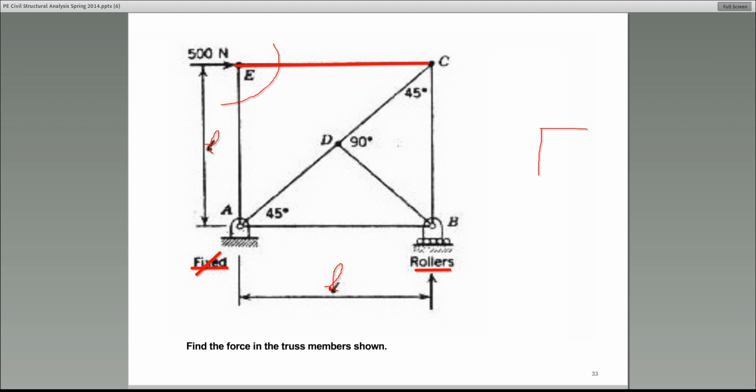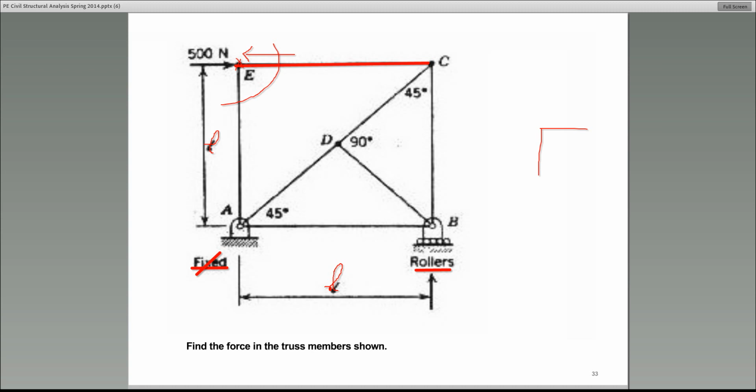Khaled, you're with us. How are you, my friend? Khaled says 500 newtons. So here you're talking about 500 newtons, and for the summation of forces in the x direction at E to be 0, tell me, what do you expect? Would this internal force in EC be pushing towards E or pulling from E? You're correct.